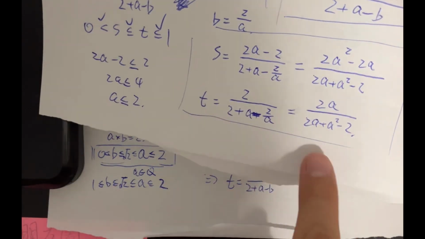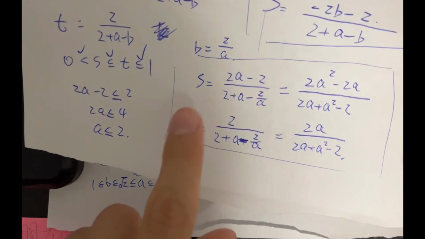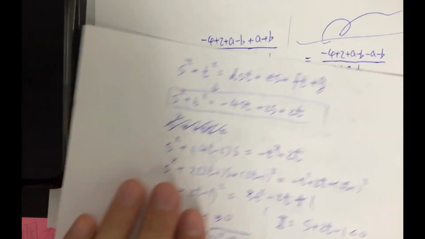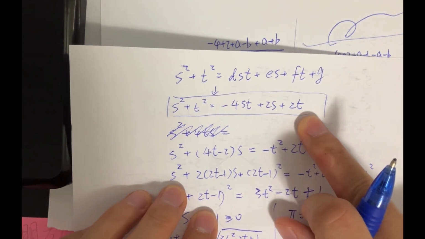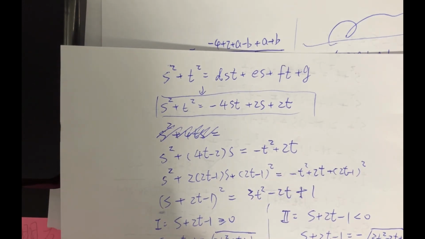Check the form here: both s and t would be rational, and of course they satisfy the equation which we derived from the previous problem. So this problem is solved. We've given a proof, and we have constructed an infinite family of s and t that satisfies it.